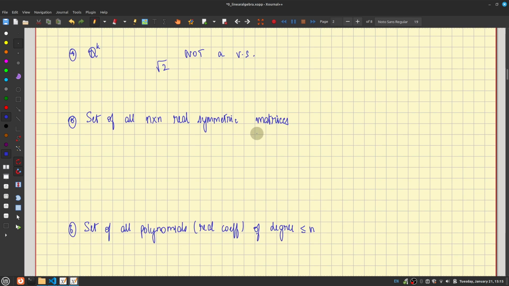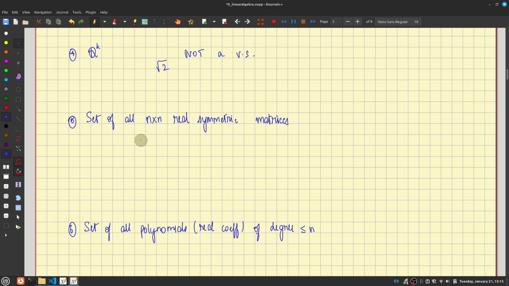Okay, let's look at the set of all n by n real symmetric matrices. Does this form a vector space? Yes, it is a vector space. And what is the dimension of this particular vector space? It's n into n plus 1 by 2.